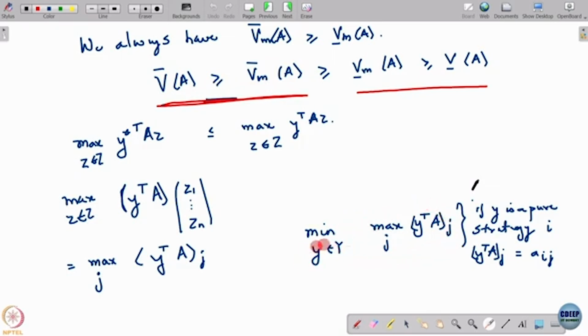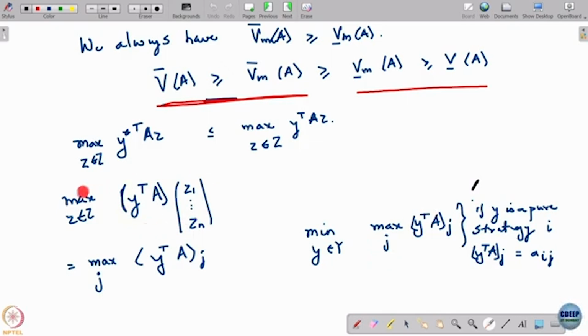I just said that if you take y to be a pure strategy I, then this just reduces to aij. Now the reason this is not the same as minimizing over pure strategies is because the resulting expression that you have here is not linear in y anymore.